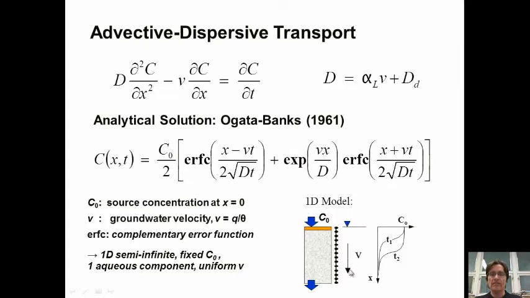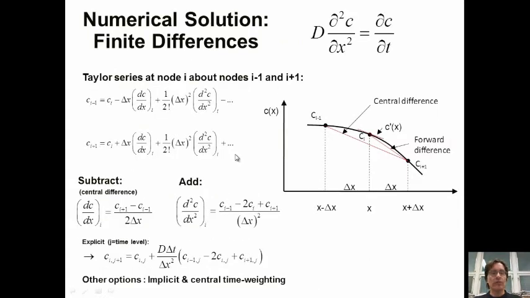We have a fixed velocity v, and this applies for a 1D semi-infinite column for one component and uniform velocity. So this is the one restriction of an analytical solution, as we've seen: homogeneous conditions, uniform velocity, and fairly simple geometry. For more complex geometry and heterogeneous systems, we need to solve our advection dispersion equation with a numerical method.